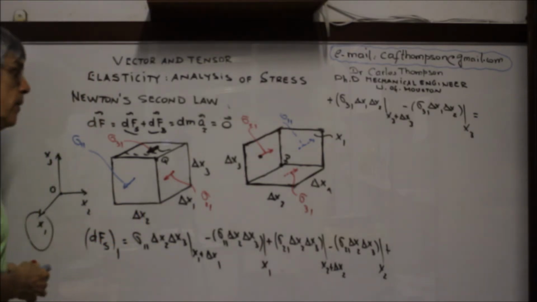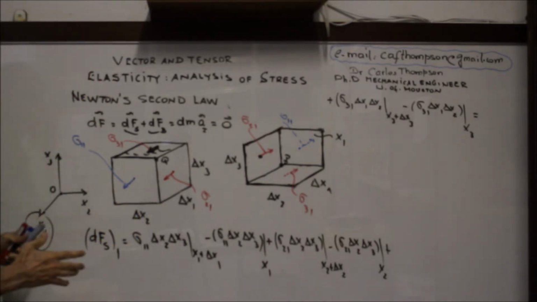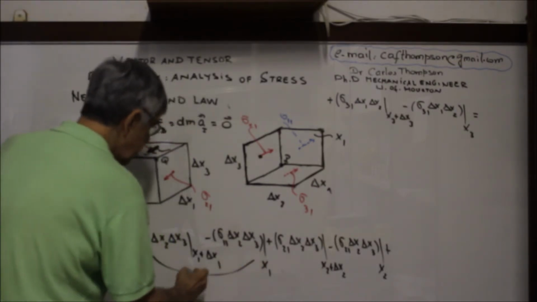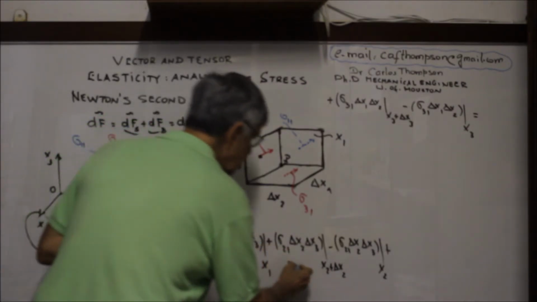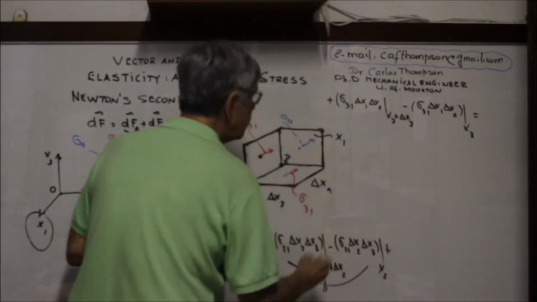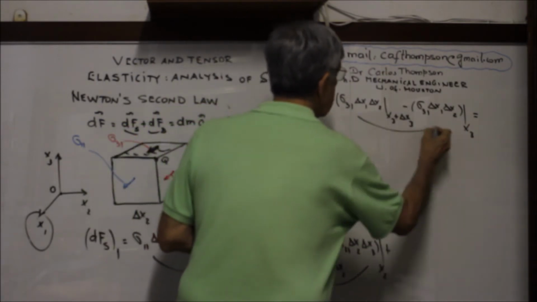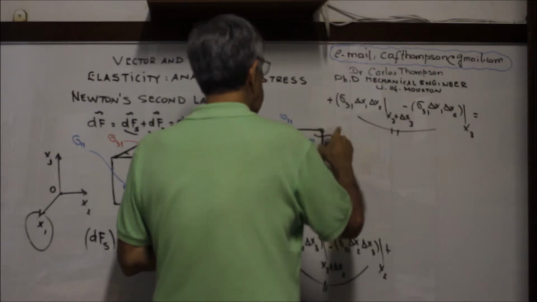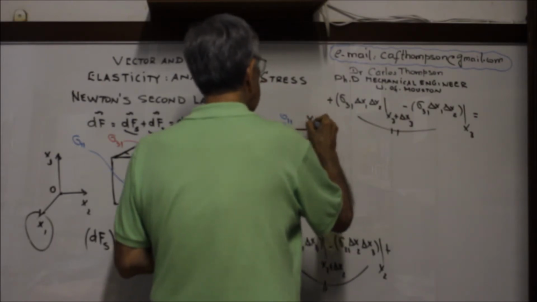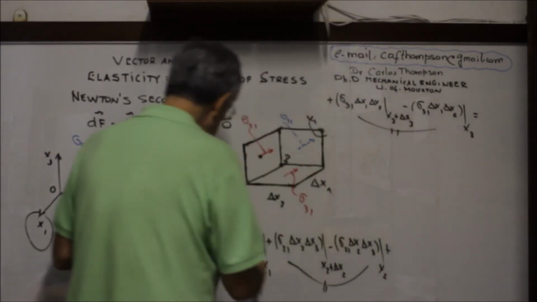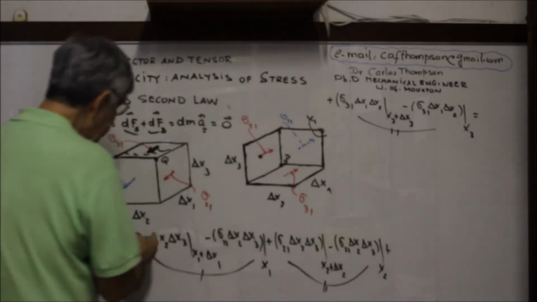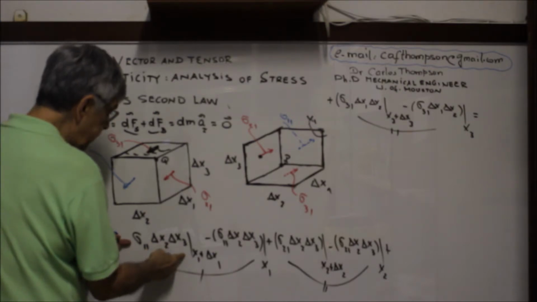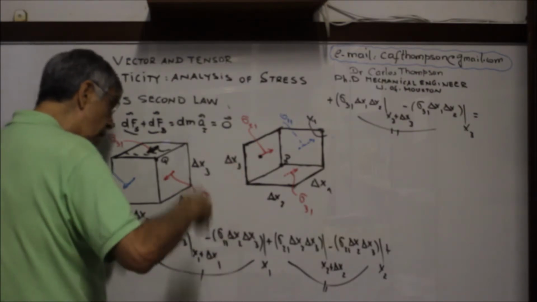Now we will apply the partial derivative. Let's combine these 2 terms: the partial derivative of sigma 1,1, delta x2, delta x3 with respect to x1, delta x1.